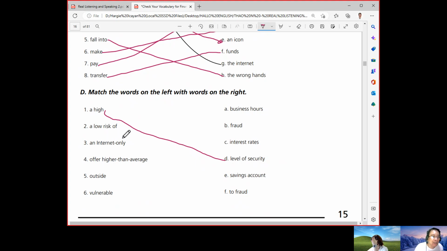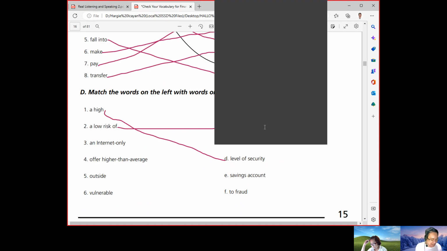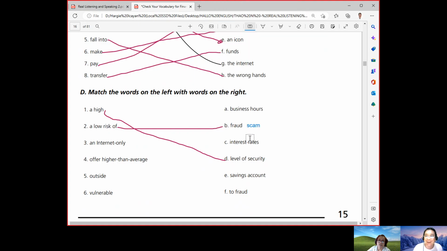Next, number 2: a low risk of fraud. Fraud means a scam. Another term for the word fraud is scam, and we don't want to be scammed.